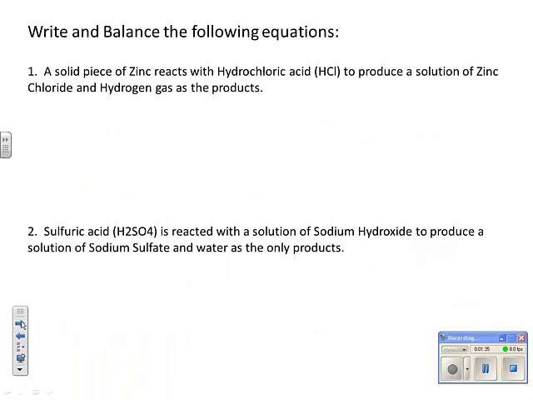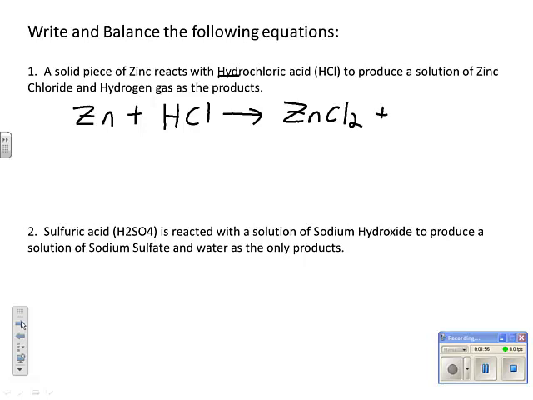A solid piece of zinc, Zn, reacts with, that means plus, hydrochloric acid. No, it's hydro, so it's HCl. Oh, it already gives it for you. It's nice. To produce, that means yields, a solution of zinc chloride, so you should know that zinc chloride is ZnCl2. And hydrogen gas, plus H2.